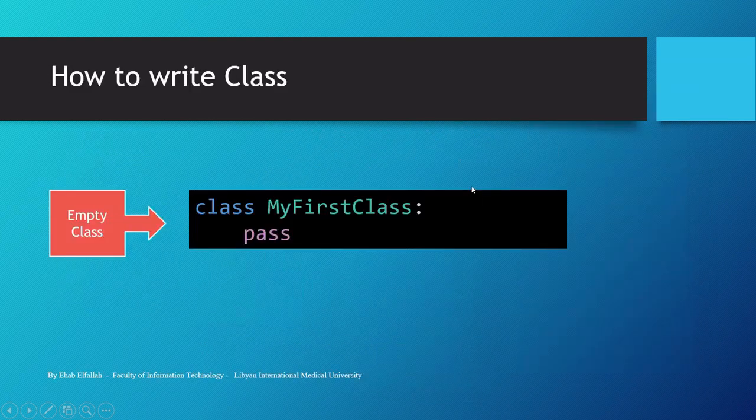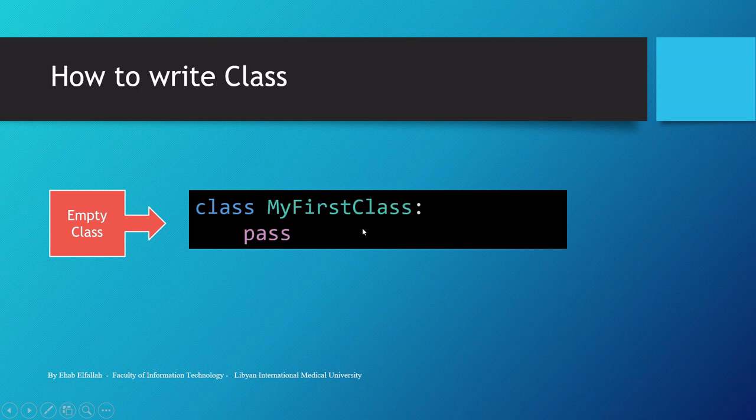Okay, how to write a class in Python? To write a class in Python, we use the keyword class, then a space, then we give the class name. The class name defines the following class. We have to name the class as we name variables and functions.